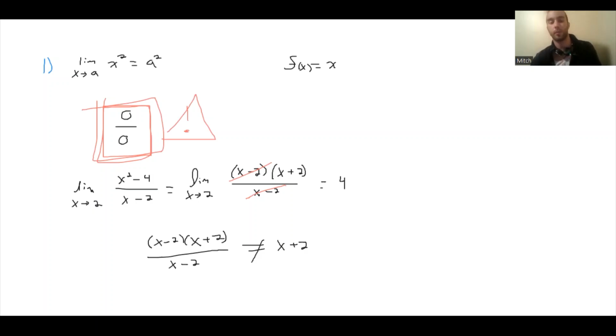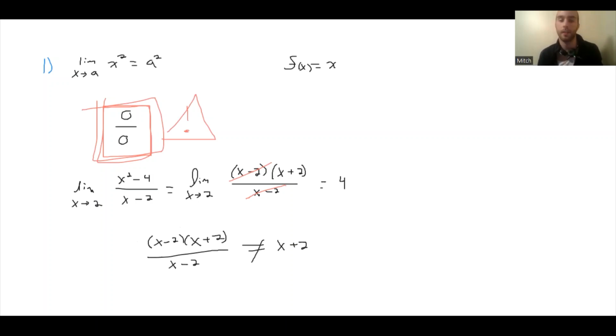The reason this is incorrect and this is correct is because these are not the same functions. If we want to say this one is equal to that other function, it's not, and that's because their domains are different. Even though the functions look the same everywhere, this function is not defined at the point x equals 2, but this function is. This function is 4. And so we can't say that those two functions are equal, but we can say that their limits are equal because everywhere near 2, they're equal. And that's why we're able to do this nice little trick.